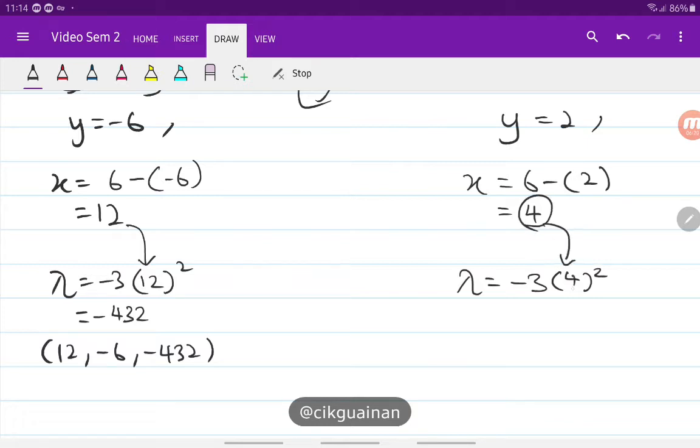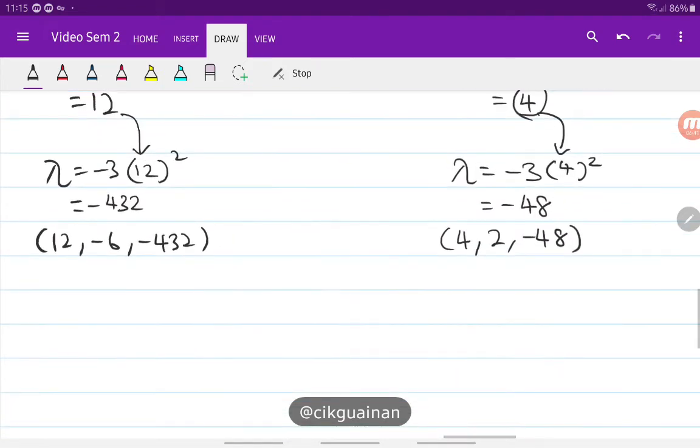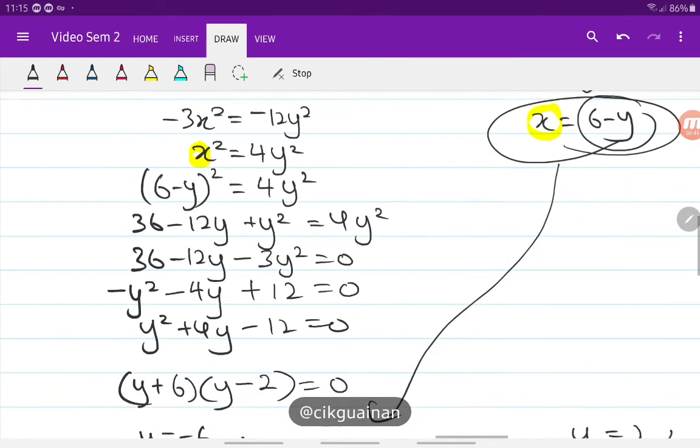X is 4, so 16 times 3 is 48, giving minus 48. Now the second stationary point is (4, 2, minus 48).